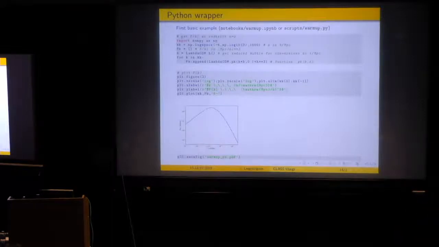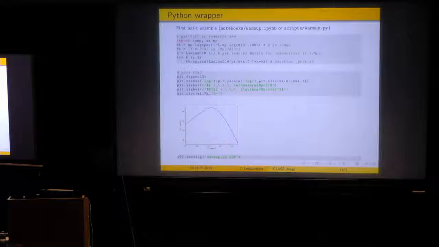For P of K, the code does not know which are the K values in which you are interested, doesn't want to take a decision. So what the Python module does is not a function giving a grid of K and a grid of PK. It's a function to get PK for a K of your choice. And this function is called .pk.